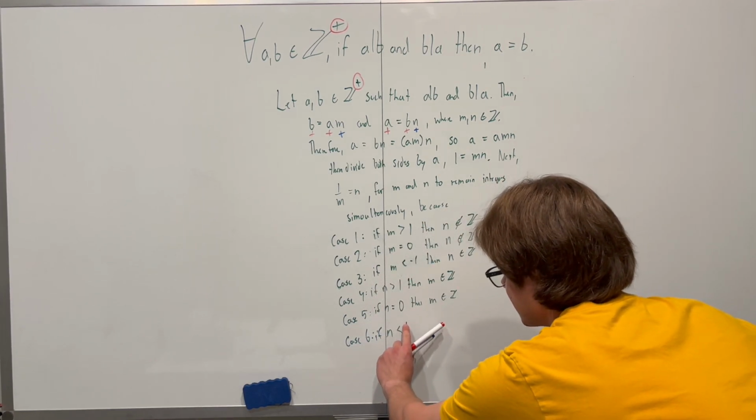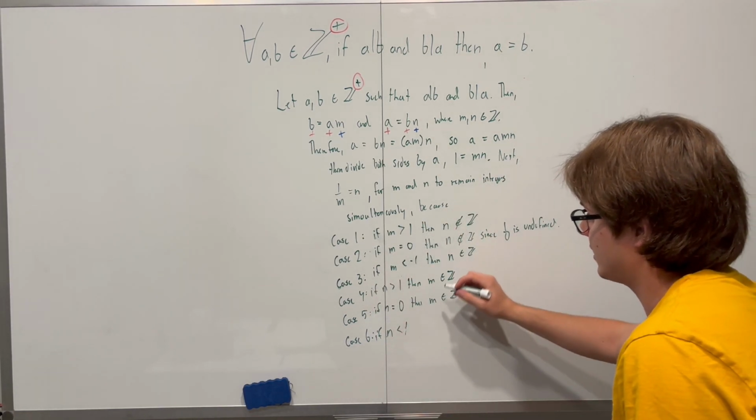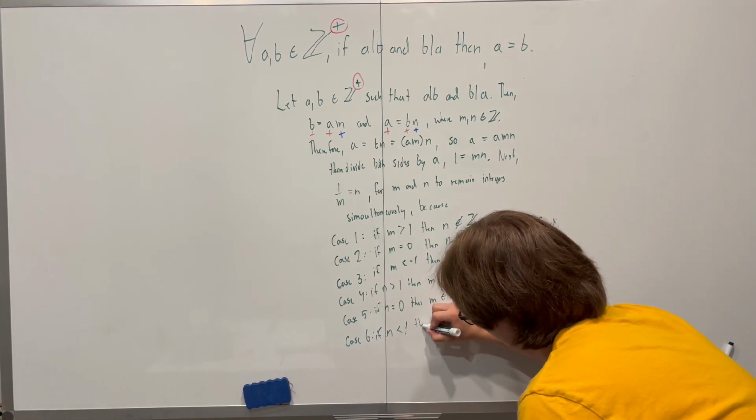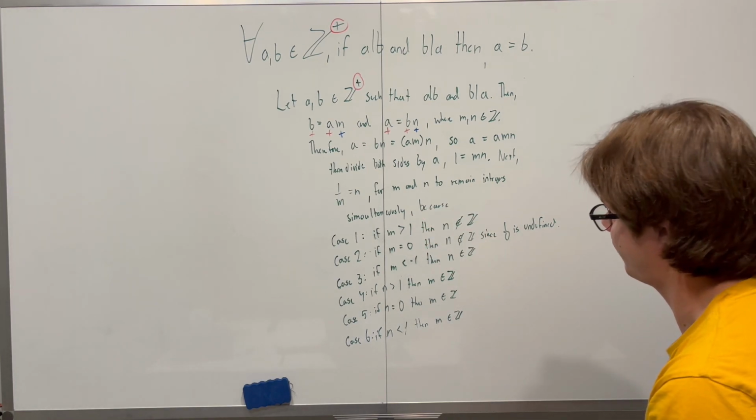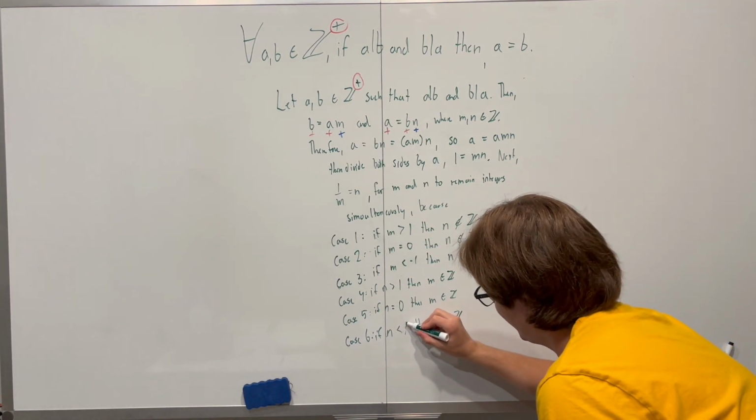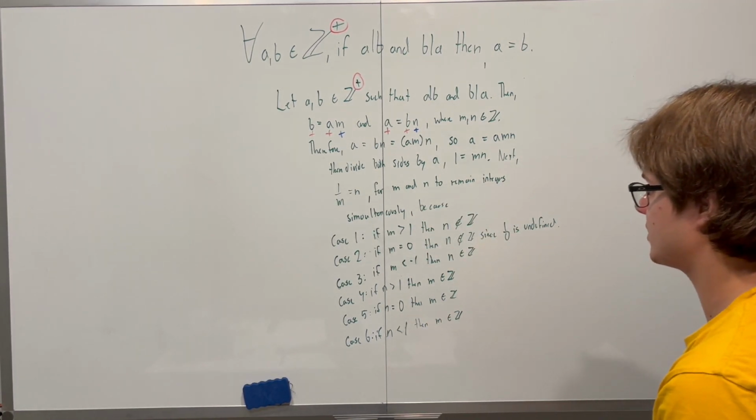Okay, if n is less than 1, well, we just get the same thing as case 4. Then it can't be that m is an integer, because m would have to be less than 1 for n to stay less than 1 or greater than 1. Fantastic.